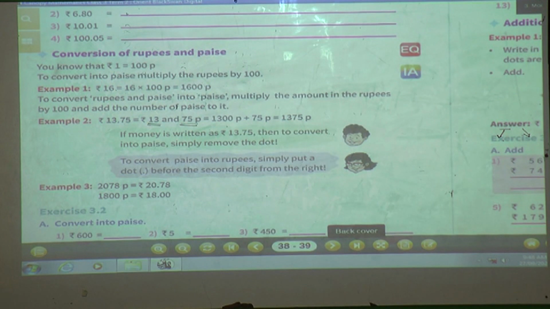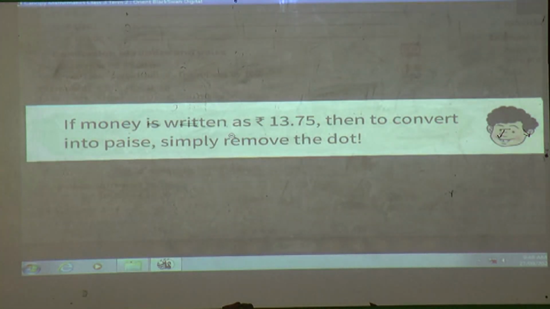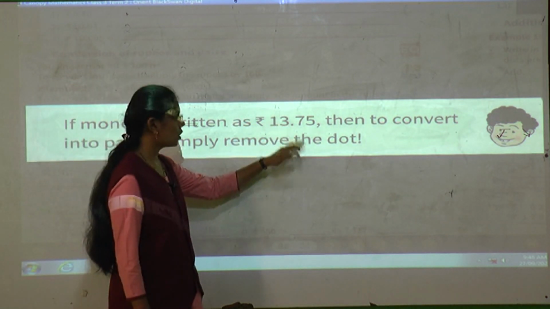Now if money is written as rupees 13.75, then to convert it into paise, simply remove the dot. If the money is written in this way, rupees 13.75, and you want to convert it into paise, you just have to remove the dot.